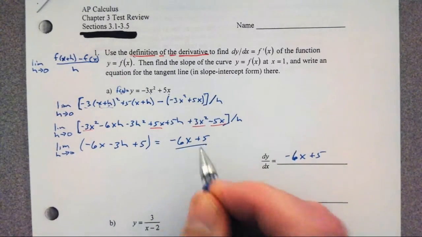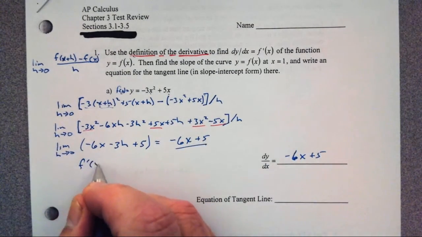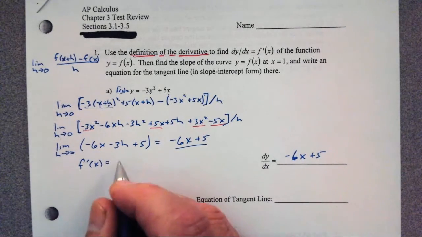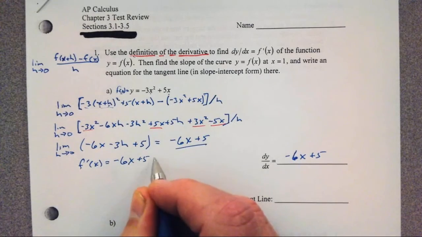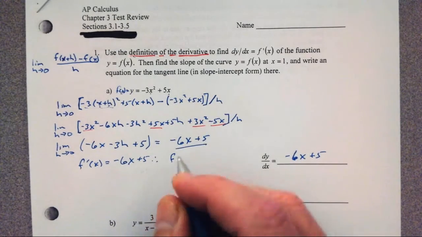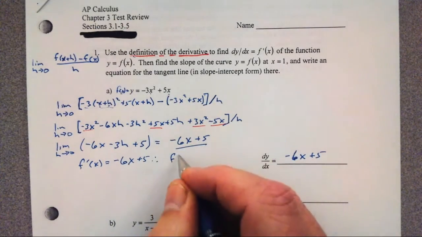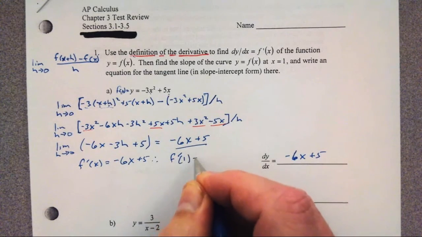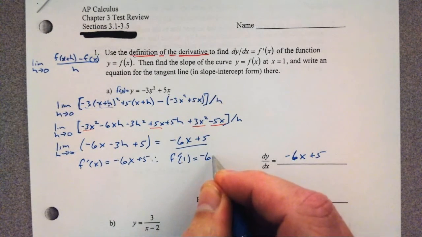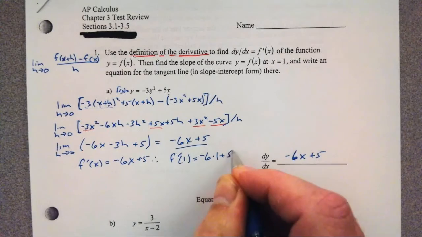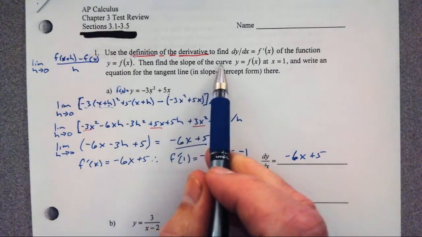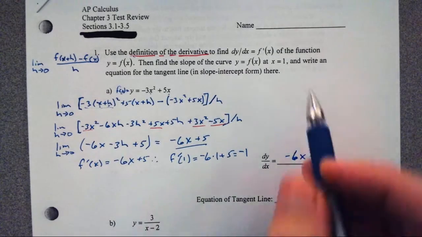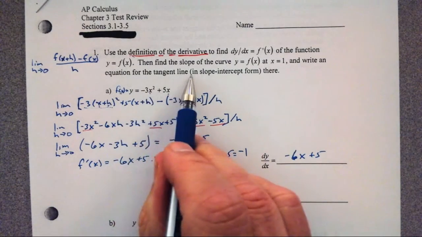Well, this is our slope formula. f prime of x, our slope formula, is negative 6x plus 5. Therefore, I want f prime of 1, which is negative 6 times 1 plus 5, which is negative 1. So the slope is this, and then write an equation for the tangent line.